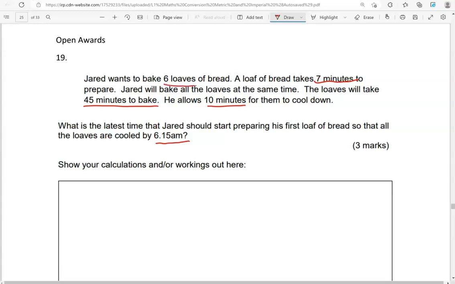So he's making 6 loaves of bread, and one of them takes 7 minutes to prepare. So 6 times 7 gives us 42 minutes to prepare them. He will bake all of them at the same time, and it takes 45 minutes to bake. So we add 45 minutes to this as well, and then he allows 10 minutes for them to cool down.